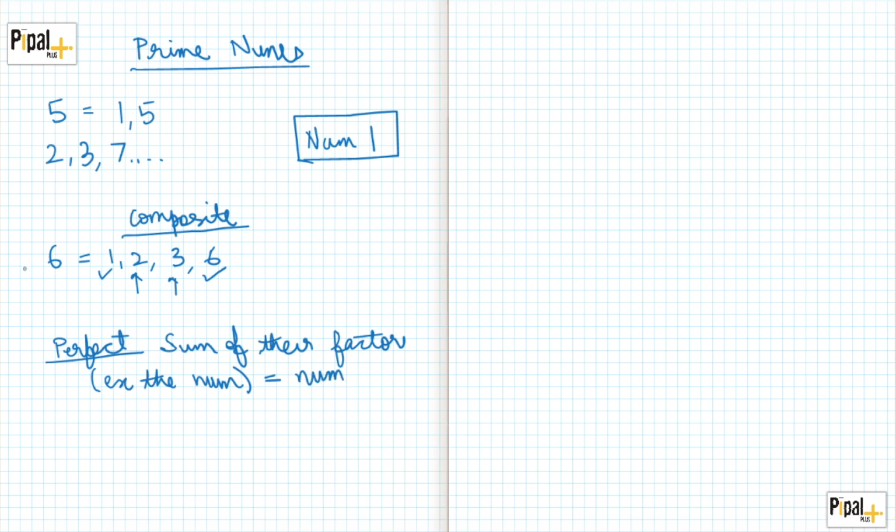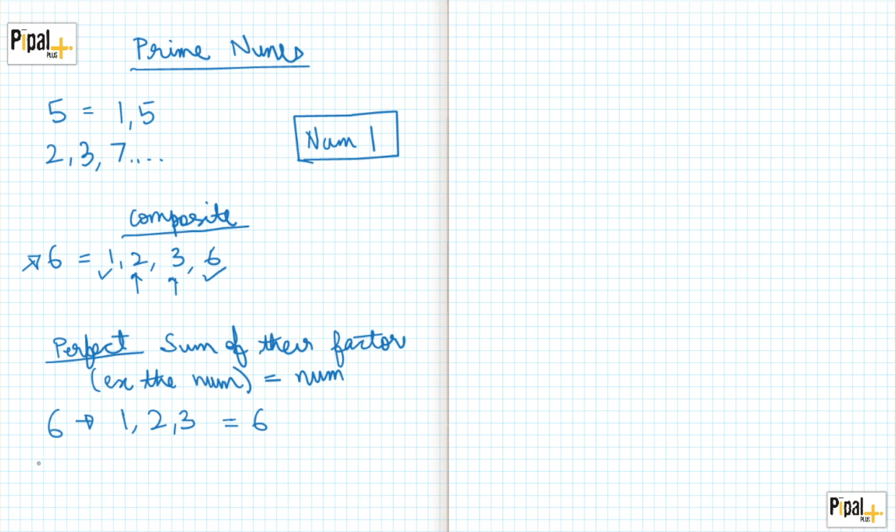And we've taken this example 6, and 6 surprisingly is such a perfect number. We notice that 6 has these factors 1, 2, 3 and 6. If we take the factors of 6 excluding 6 itself, these are 1, 2 and 3, and when you add these factors, the sum is again the number itself. Such a number is called a perfect number.